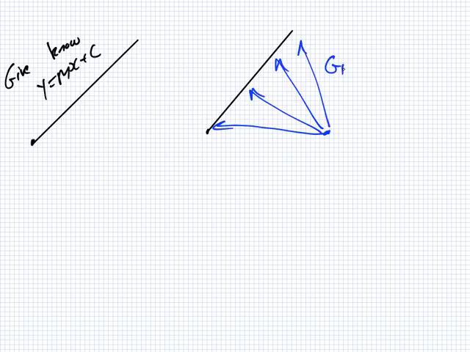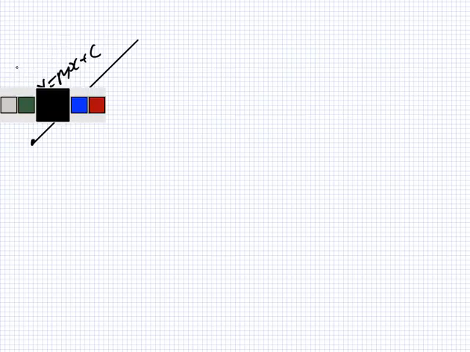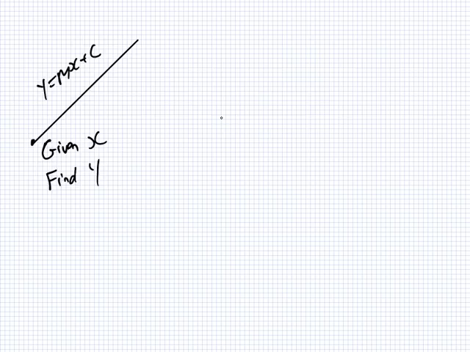So we want to be given the vector, whereas here we require: given x, find y.